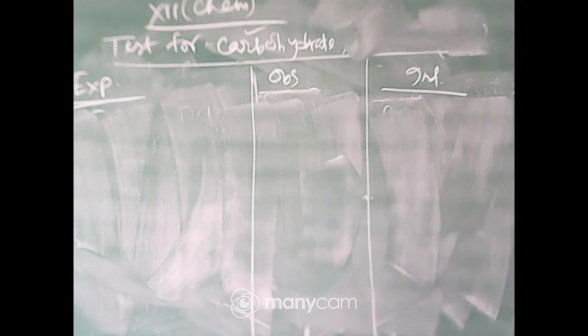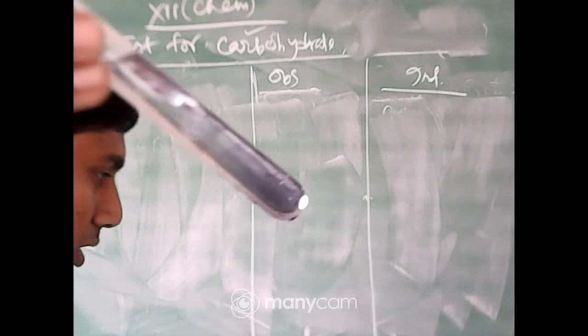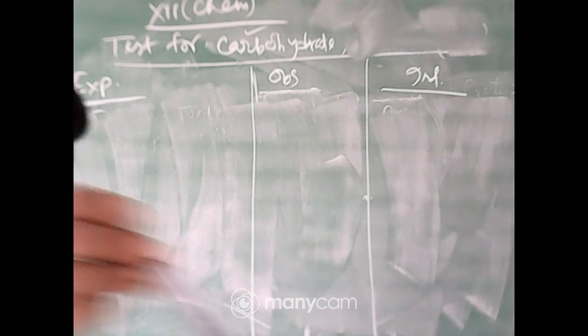So look at this. It seems like black. Okay, now it is a very diluted form. It is very diluted. You can see the blue color, as the solution is very dilute.